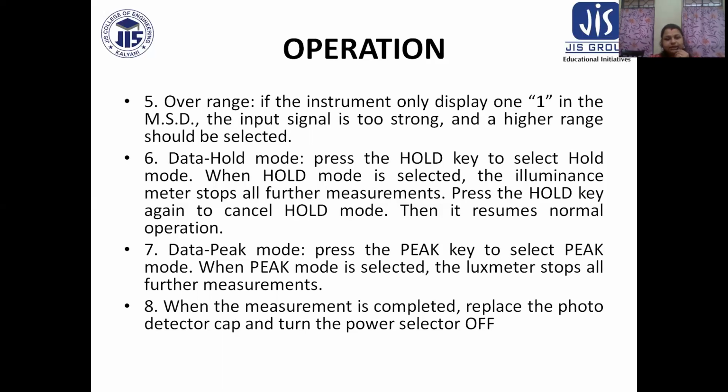Once it is selected, the lux meter stops all further measurements. The last step is that when all measurement is completed, replace the photodetector cap and turn the power selector off. So this is the operation detail of the lux meter, which consists of some steps.